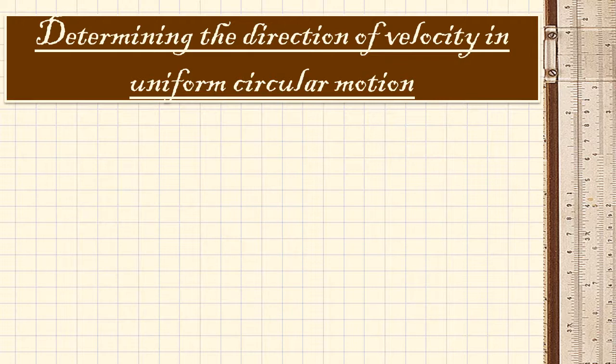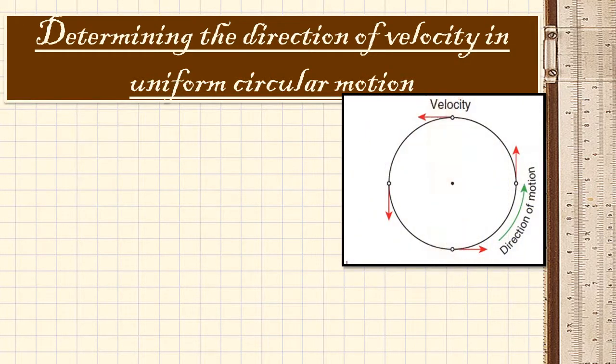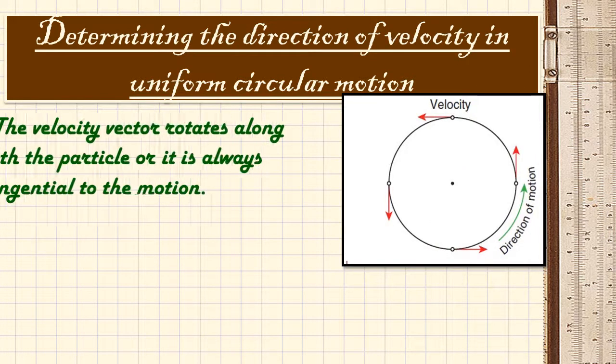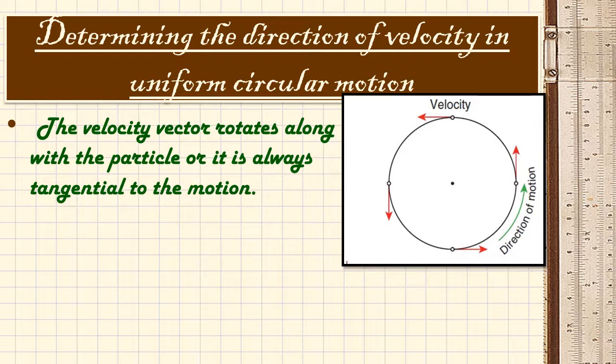Now, determining the direction of velocity in uniform circular motion. That means how we will determine the direction of velocity. The velocity vector rotates along with the particle and is always tangential to the motion. Students, alongside you can observe a diagram in which there is a center in the middle.